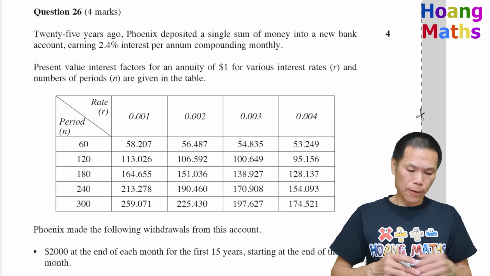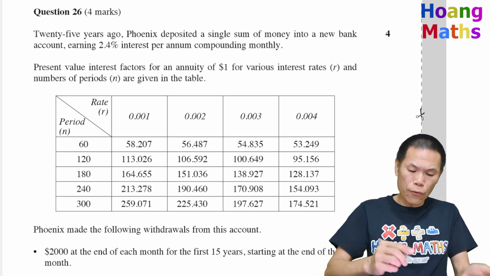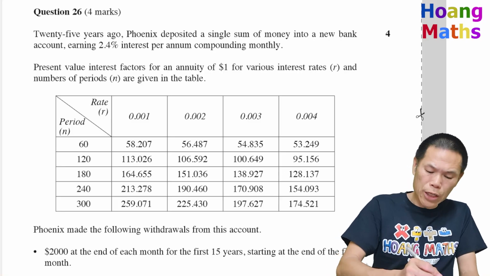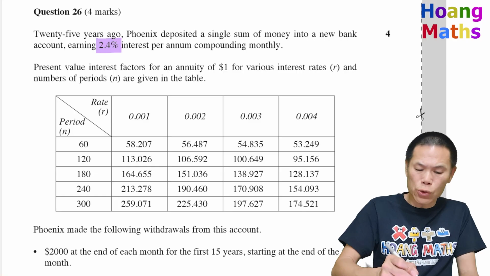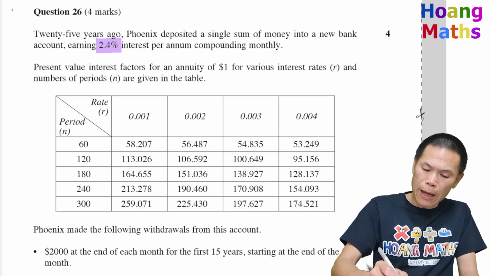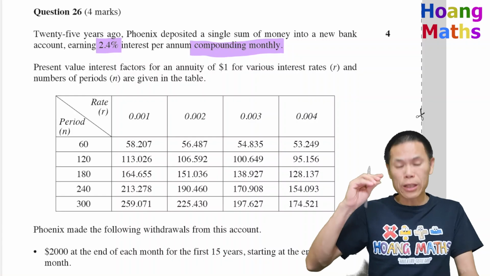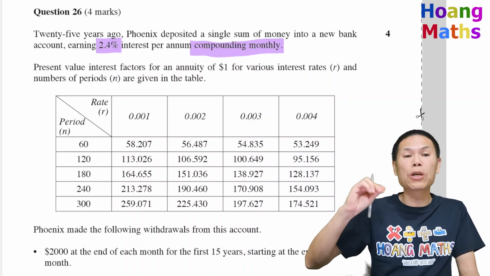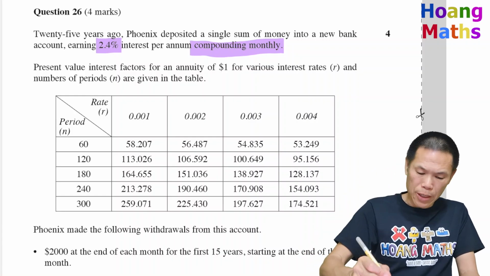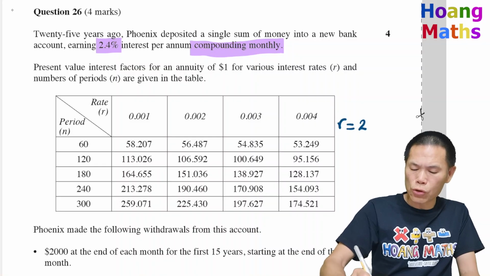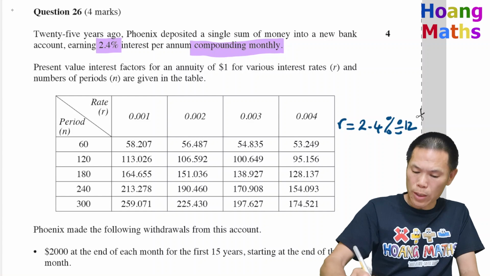Question 26. 25 years ago, Phoenix deposited a lump sum of money into a new account, earning 2.4% interest per year and compounded monthly. This means that the interest rate must be divided by 12 because it is compounded monthly. So let me write this down here. So R is 2.4%, we divide by 12.